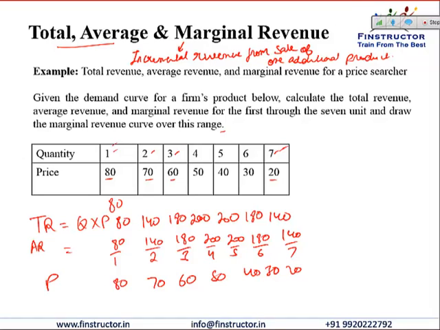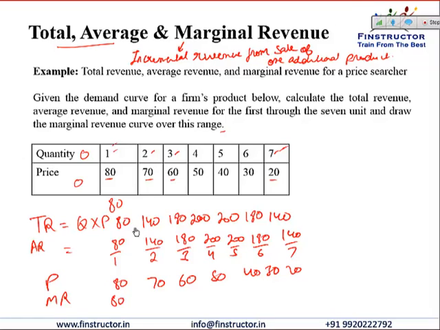So let's see. For selling one product, the marginal revenue was $80, because if you sell nothing, you will get nothing. So if you sell one product, your marginal revenue is 80.